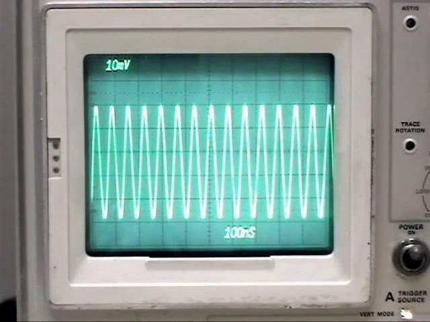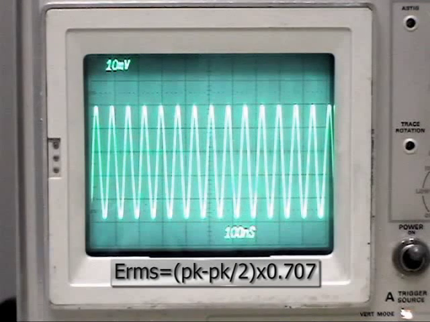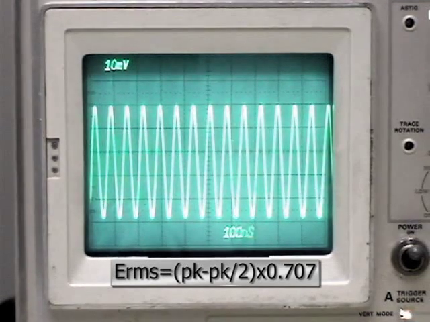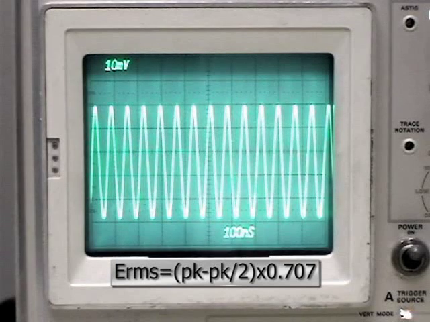Now that's peak to peak, and we put in 20 millivolts RMS. So the way to convert peak to RMS is you divide the peak to peak by 2 to get it to peak, and then we multiply it by 0.707 to get to RMS.